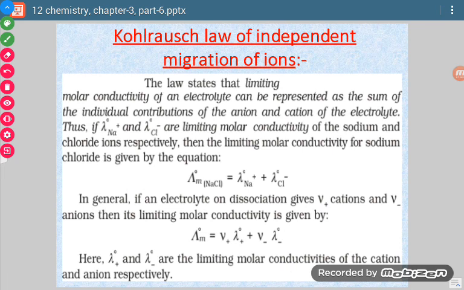This law states that the limiting molar conductivity of an electrolyte can be represented as the sum of the individual contributions of the anion and cation of the electrolyte.